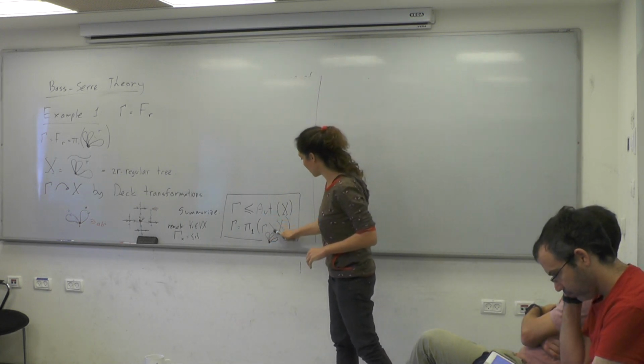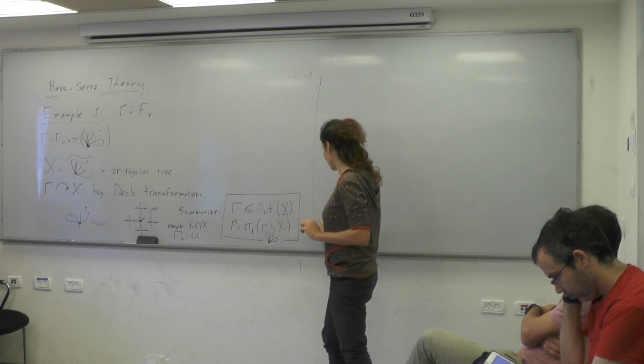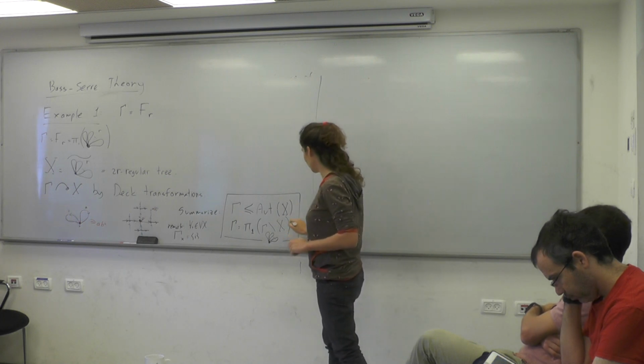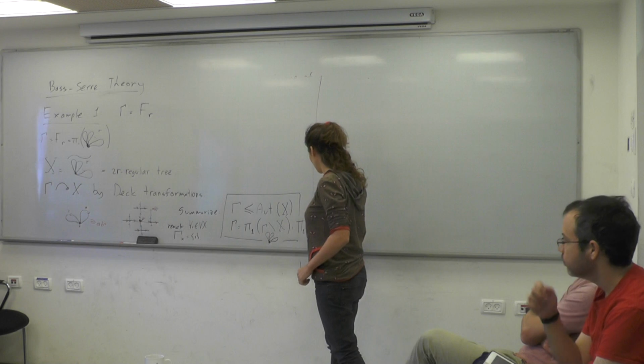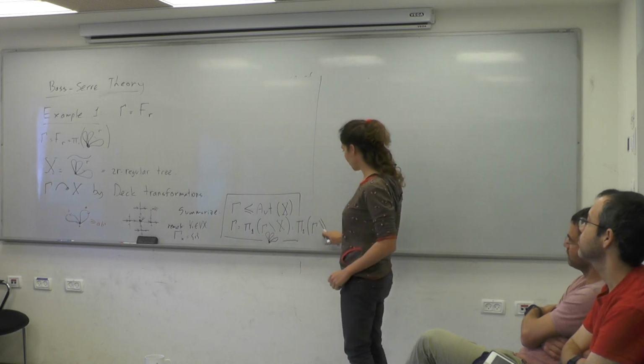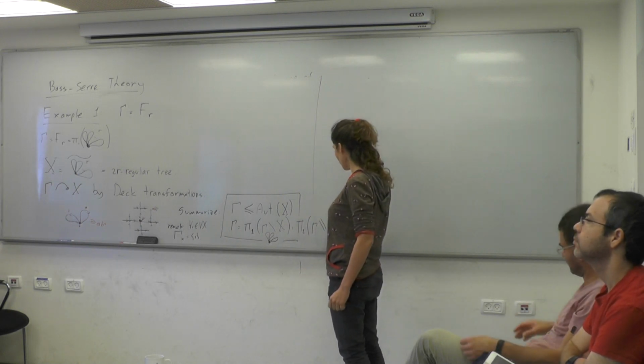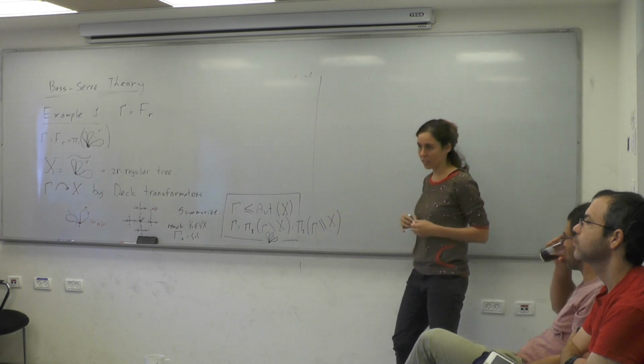Soon we will have a more sophisticated notation. So here in this case, it is also pi 1 of what I call gamma double slash X. So what is gamma double slash X?